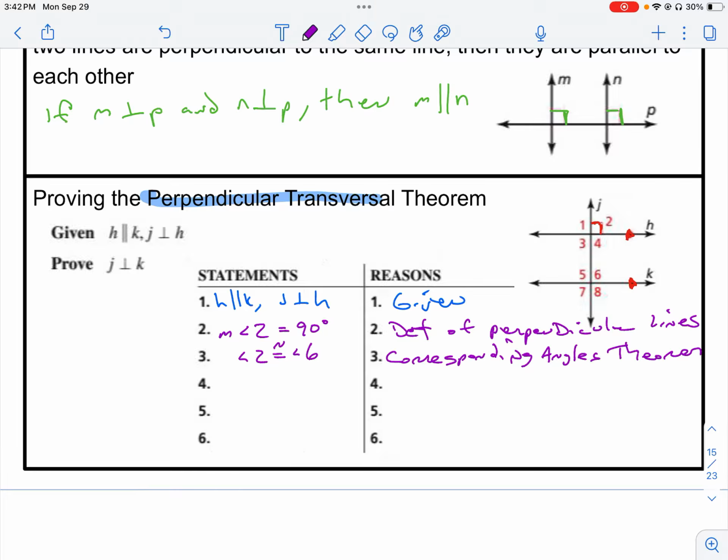So if they're congruent, then the measure of 2 equals the measure of angle 6, because that's just the definition of congruent angles. So the measure of angle 6 equals 90 degrees. That's just the transitive property. The measure of 2 equals 90, and the measure of 2 equals the measure of 6, and the measure of 6 has to equal 90.